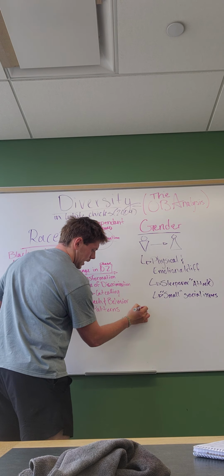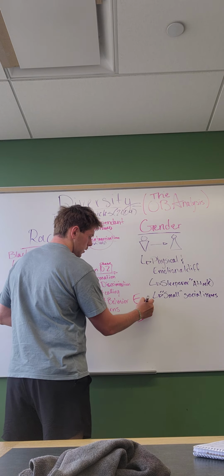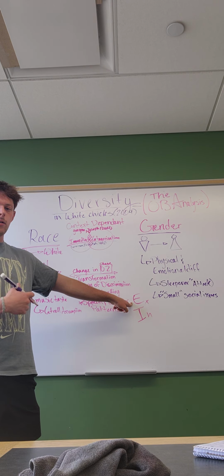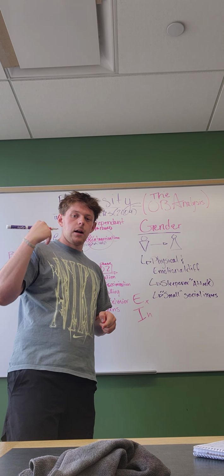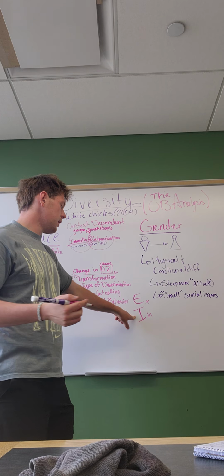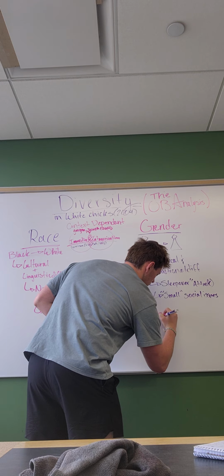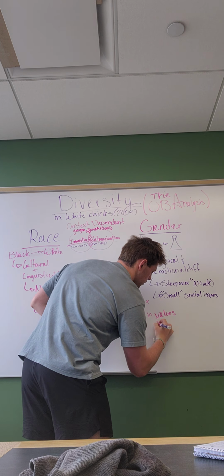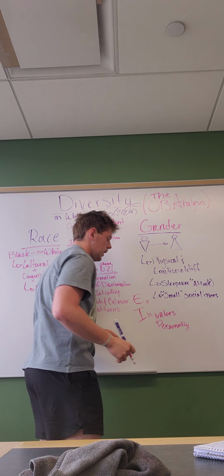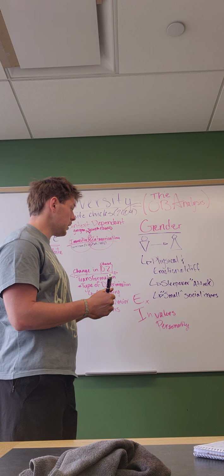If you want, I can do a little I for internal and external, EI. External diversity might be like the color of my skin, the color of my hair, the way that I talk. And then internal diversity might be my values, my personality, and other things like that that aren't very visible in the beginning of when you meet someone.